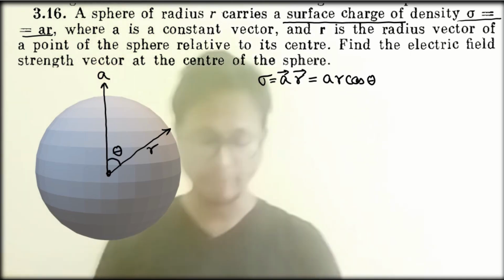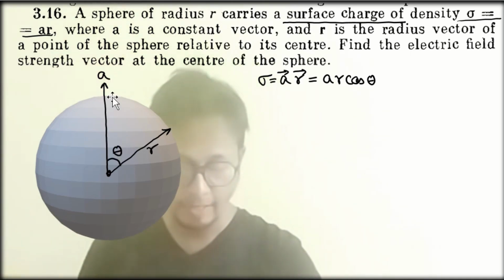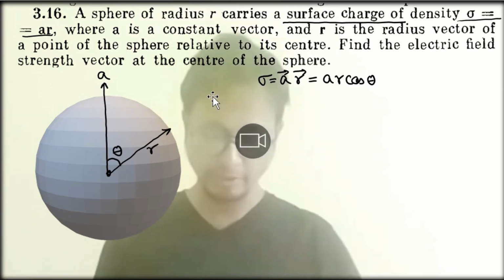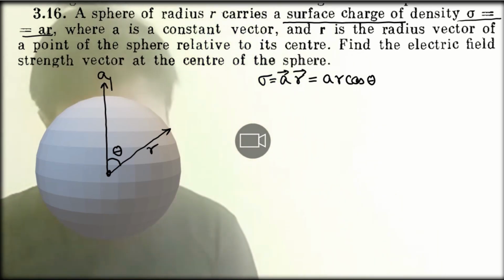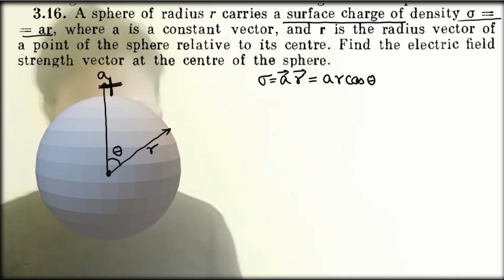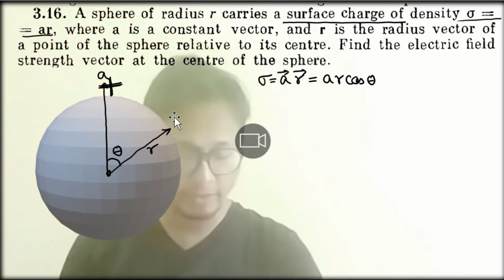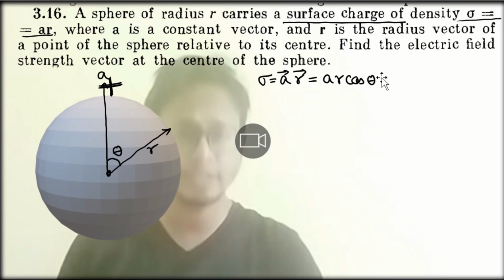So what is happening out here is, as the value of theta is 0, the value of cos 0 is 1. So at the top of the sphere, maximum charge concentration will be there. That means the charge density is maximum at the top. Now, as I increase the value of theta, the value of cos theta will decrease.